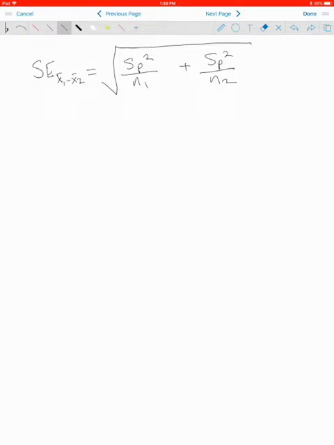If the sample sizes are equal, this simplifies in some way, but rather than having a proliferation of different equations, this single equation will suffice for equal or unequal sample sizes. So that's what I suggest you use. The other piece of information we need is the degrees of freedom. For a two-sample t-test, or independent sample t-test, the degrees of freedom are n1 plus n2 minus 2.